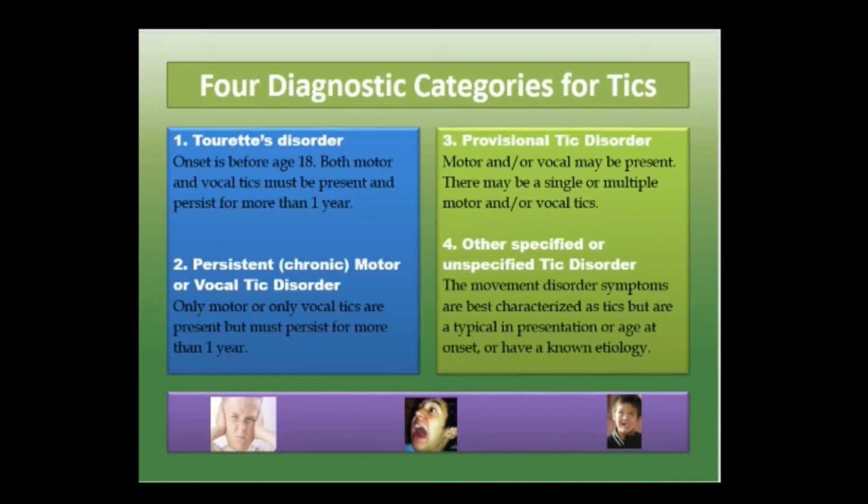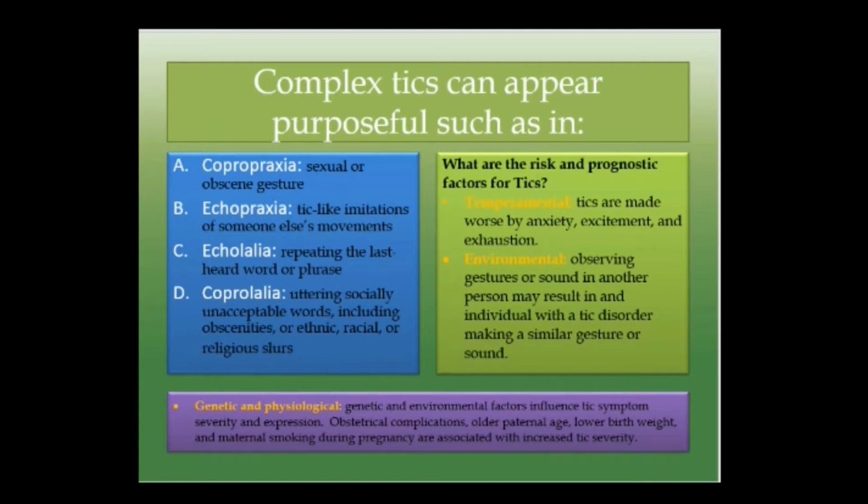Remember, the specified category is where you have most of the signs and symptoms, but you don't meet the full criteria for that categorization. And then the unspecified is where you don't meet the full criteria, but the doctor does not necessarily have to tell you why you don't fall under that category. That usually happens when there is insufficient information to make a diagnosis, for example, in emergency situations.